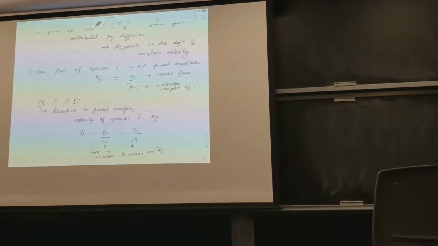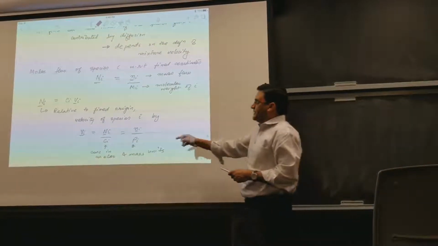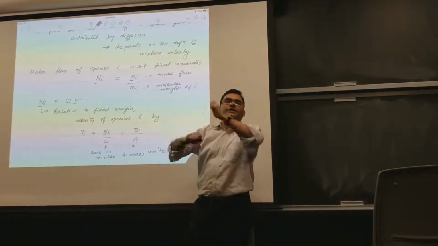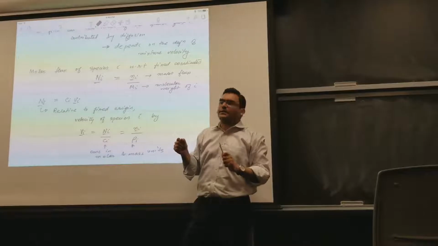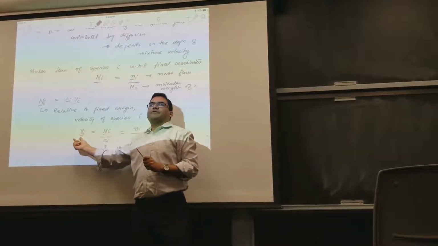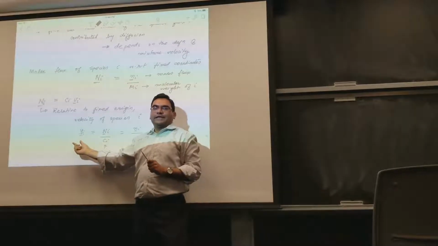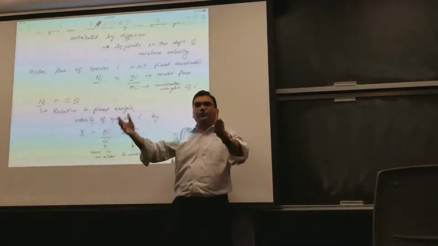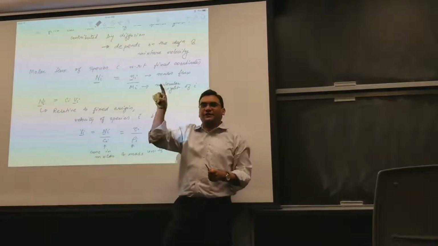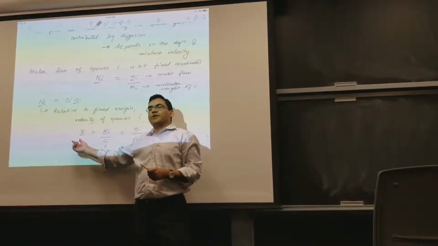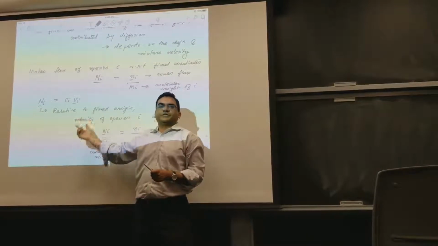So remember, if I look at all different molecules of species i, and I take an average of all their velocities, and they're doing this Brownian motion in all sorts of directions, then this is the average velocity. So on average, they might be moving in one direction. And then if I look at my whole fluid, it's going to have some velocity v, which is going to be an average of all the velocities contributed by all different species.